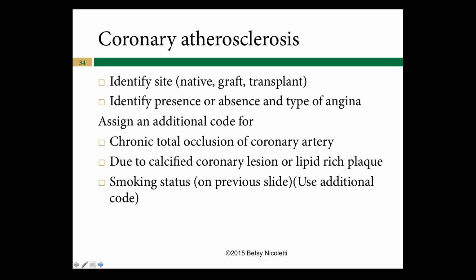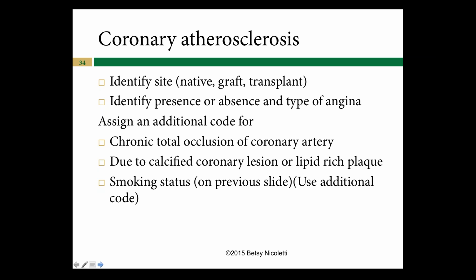Coronary atherosclerosis. First, we're going to identify the site. So we shouldn't be using always the equivalent of 414.00 unspecified, whether it's native, graft, or transplant. And often that information is in the patient's record, but may not be in the problem list.